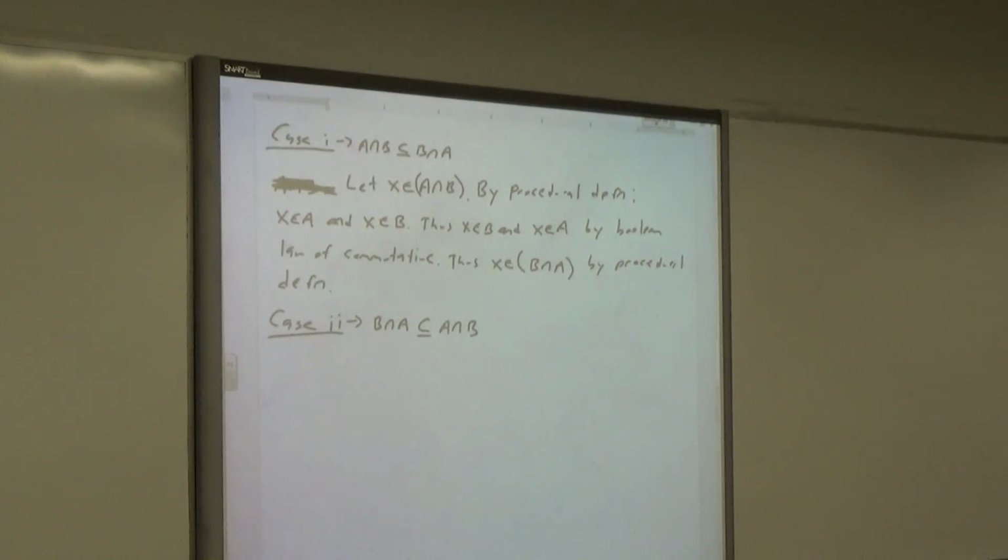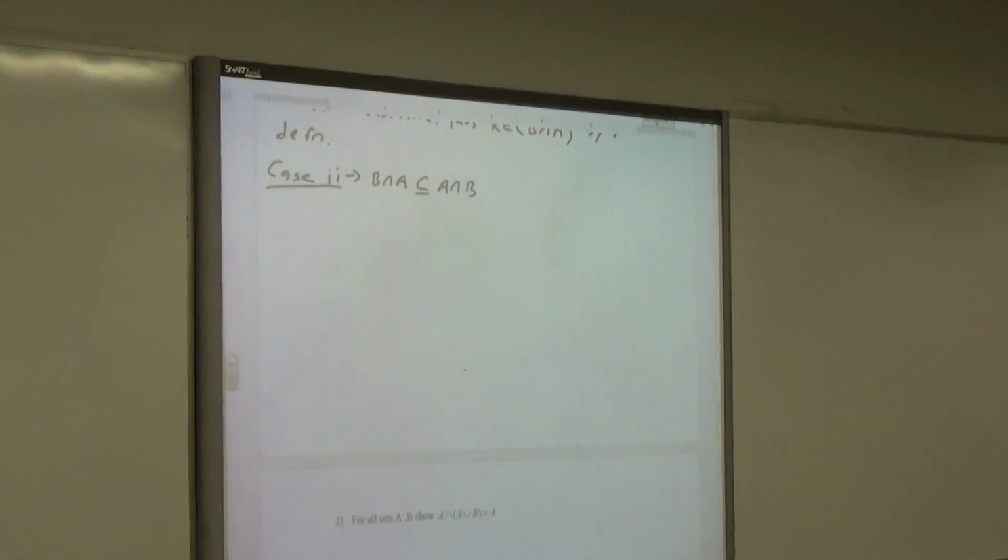How do you guys think we do that? Exactly like we just did the other one, except we just reverse all the A's and B's, okay? Usually, when you do this sort of thing with the axiomatic definitions, they're all the same. Once you get the first case down, usually the second case is about the same, okay? So let's just go ahead and write it out, okay? Not meant to be too difficult, okay?